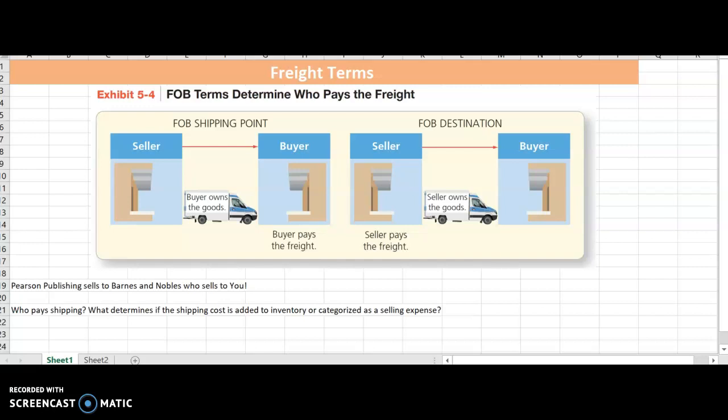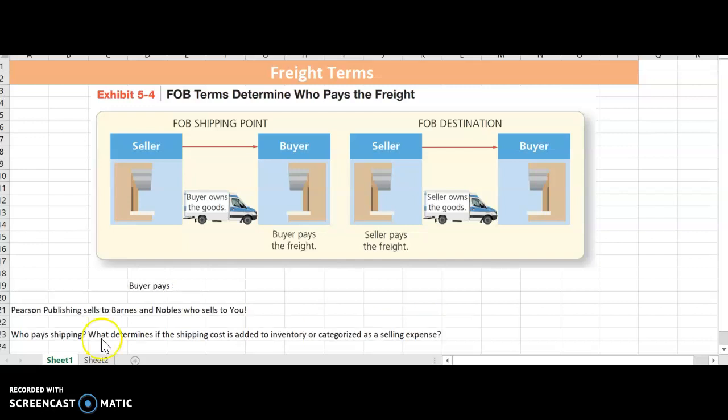So an easier way to remember that is FOB shipping point, the buyer pays. Let's go over this. FOB shipping point means the buyer pays because it changed hands at the shipping point. It already belonged to the buyer the whole time it was traveling. So the buyer pays. If the buyer pays, that means that they are buying inventory.